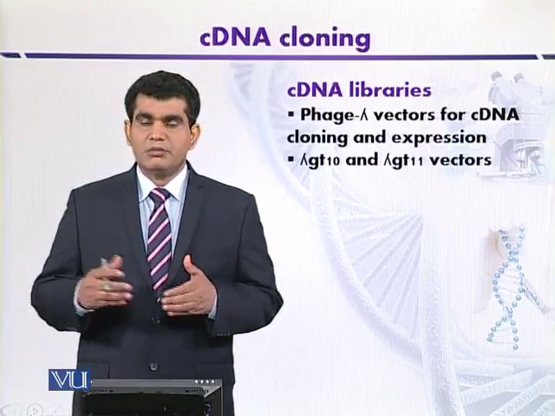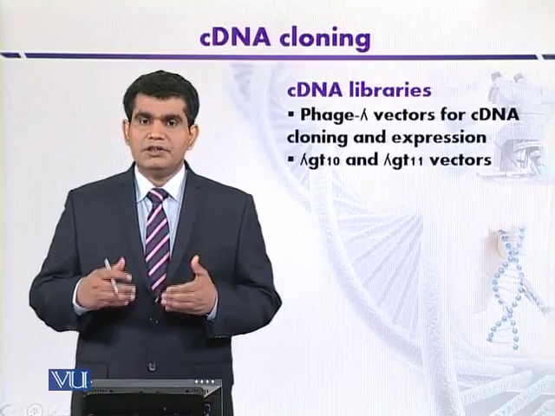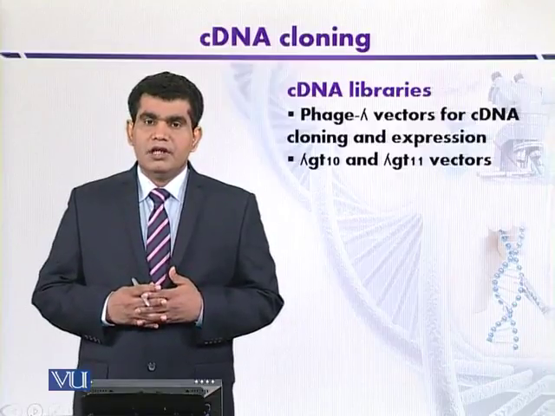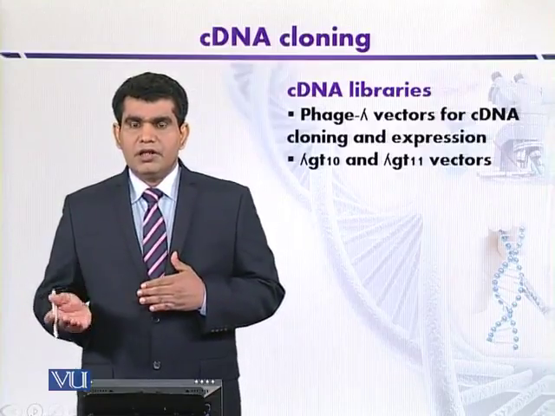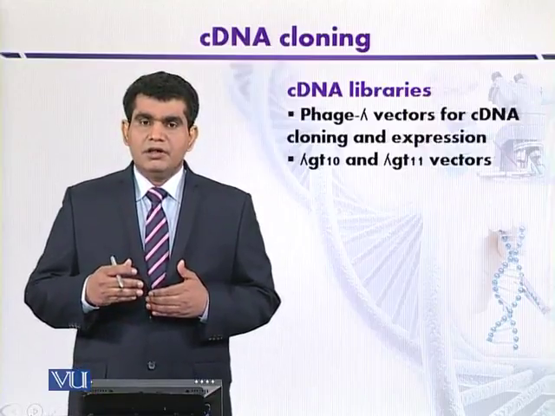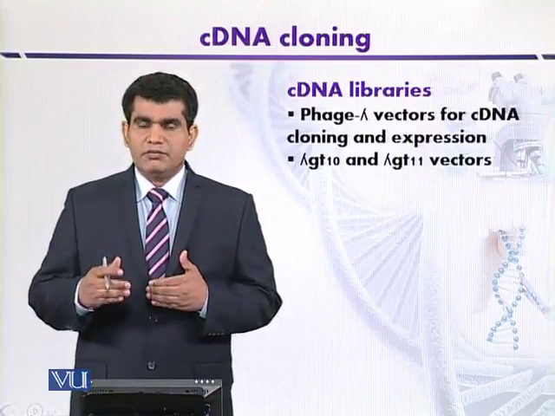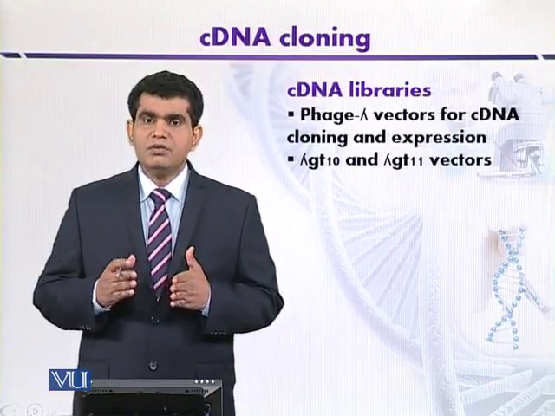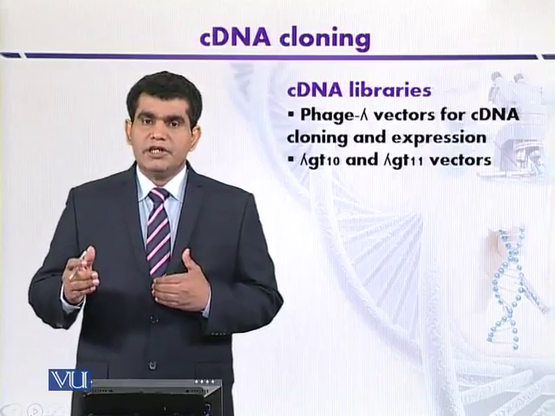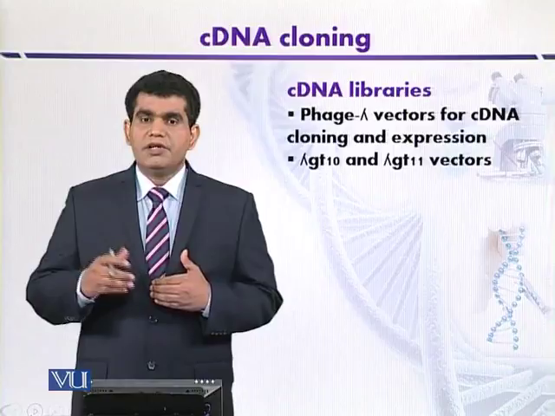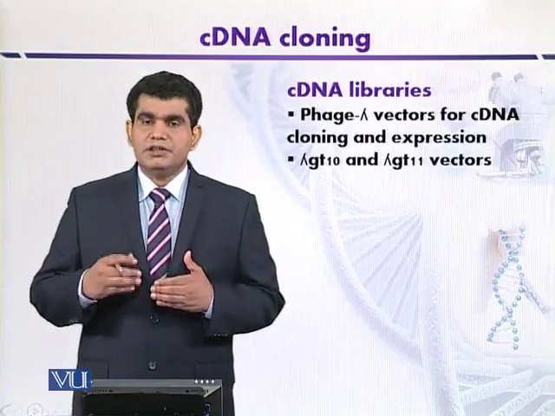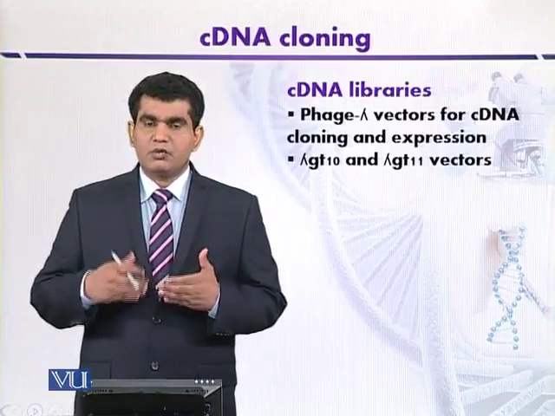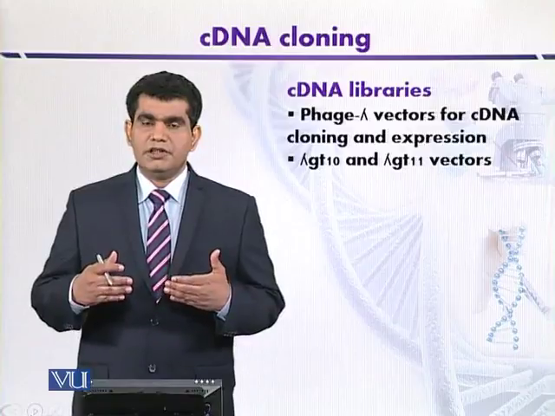Here two vectors are the most important: lambda GT10 and lambda GT11. Lambda GT10 along with lambda GT11 can clone around 7 kilobase DNA fragments, and they are a type of insertional vector. Within the appropriate site, the cDNA can be inserted, and after insertion in lambda GT10, the plaques can be screened by hybridization using a specific probe if the sequence of our gene is known.